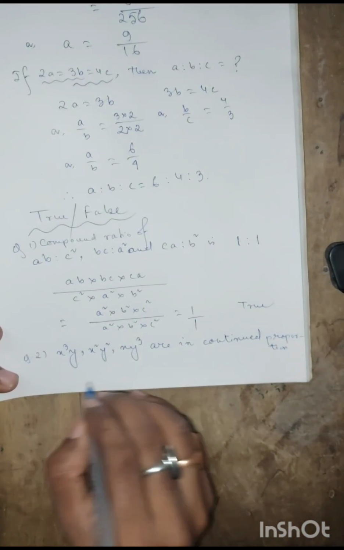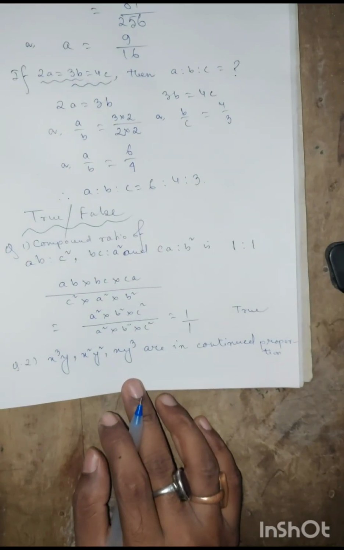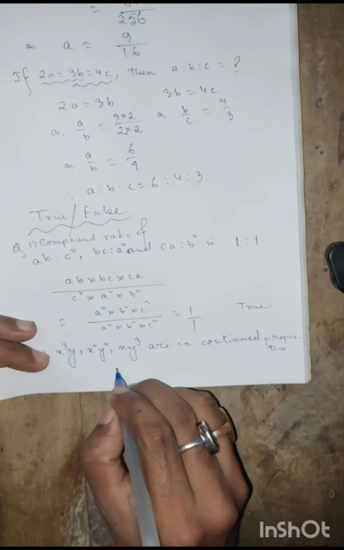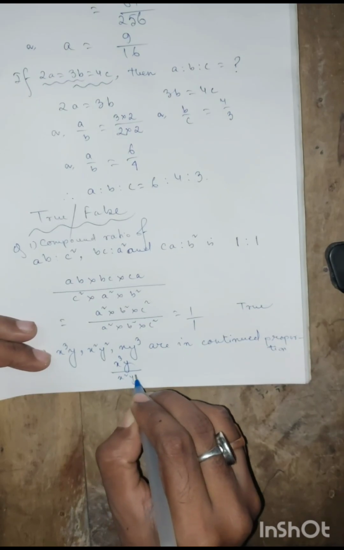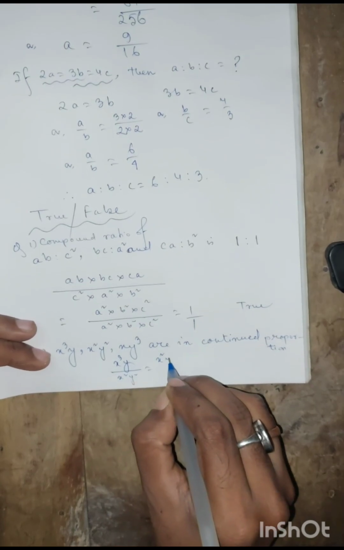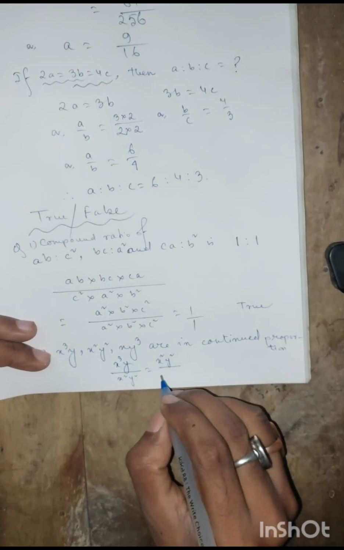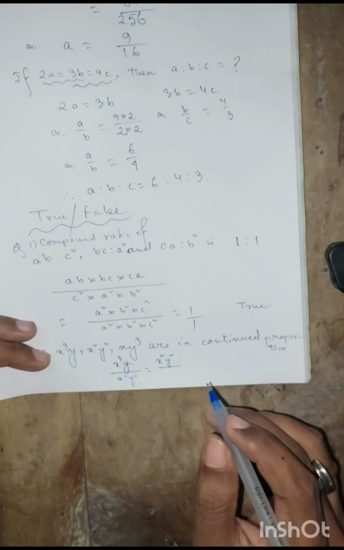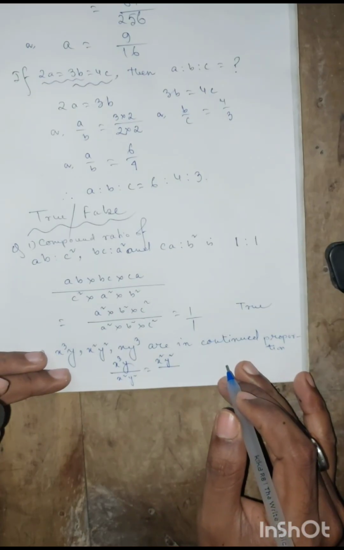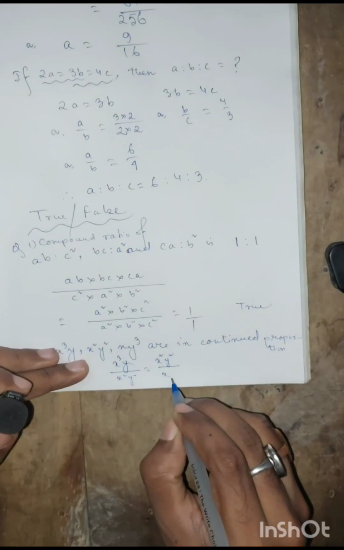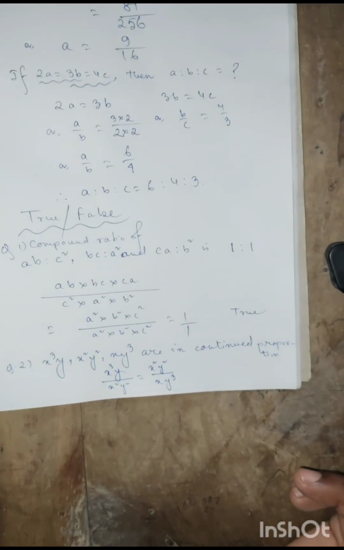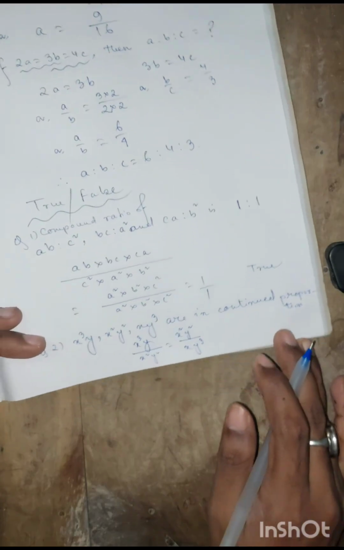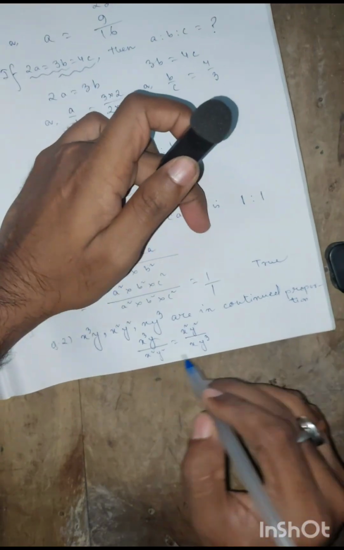So if these terms are in continued proportion, then we can write x cube y by x square y square is equal to x square y square by xy cube. So these two ratios should be equal.